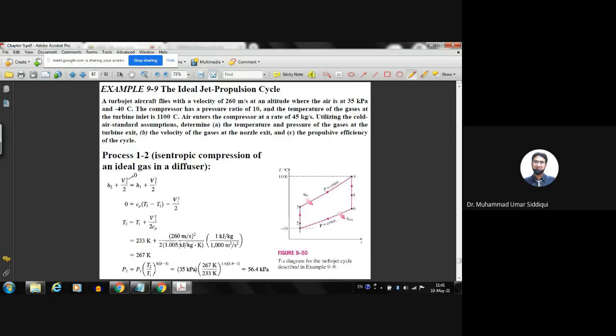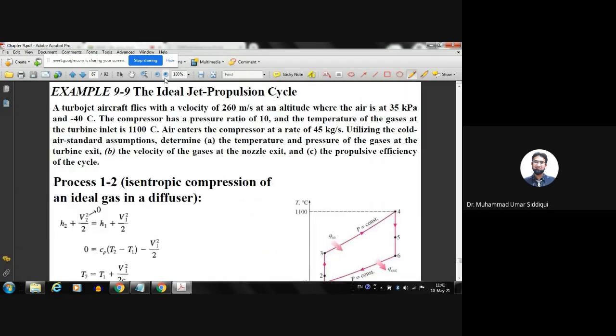So let's have a numerical associated with it. We have a turbojet aircraft that flies with a velocity of 260 meters per second. So that's the velocity with which the jet aircraft is moving, the velocity of the jet.